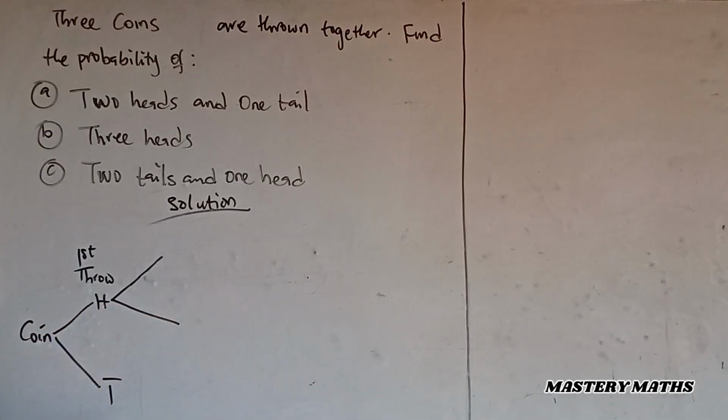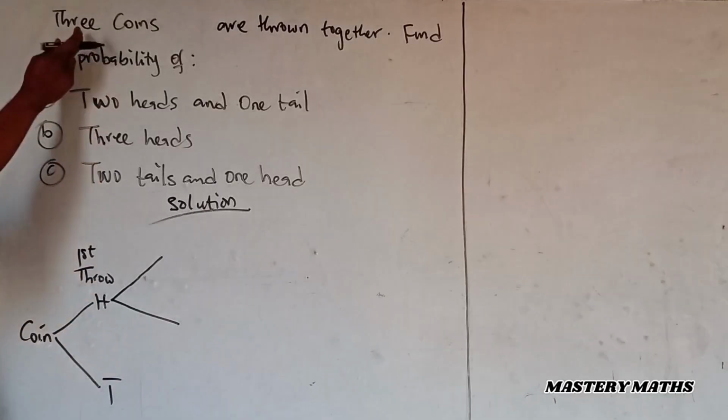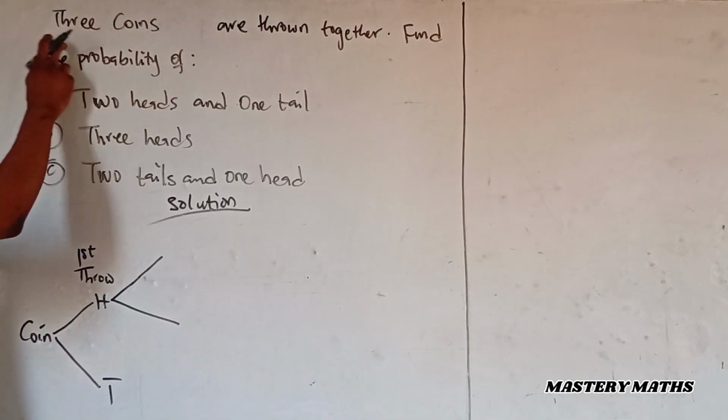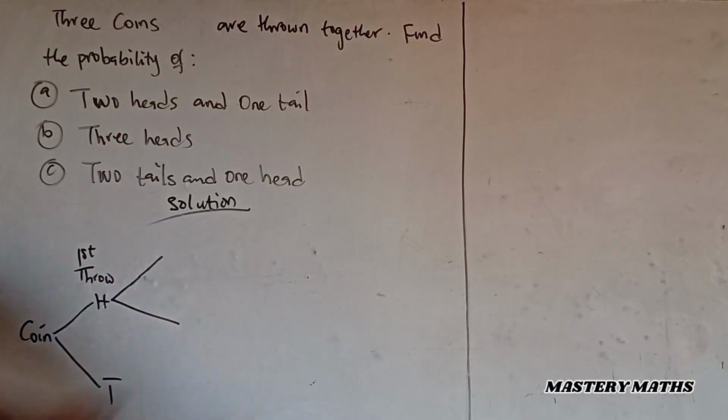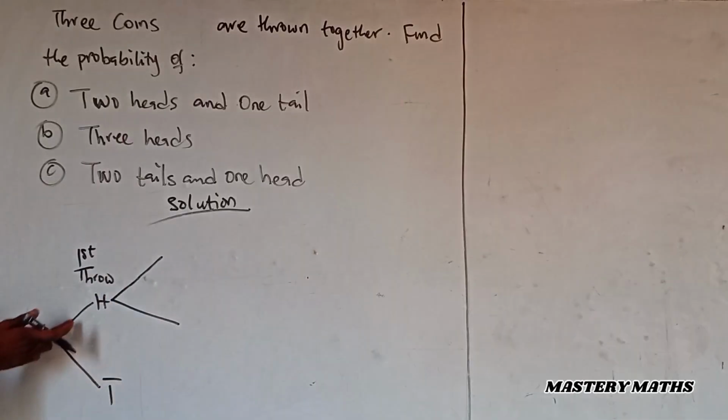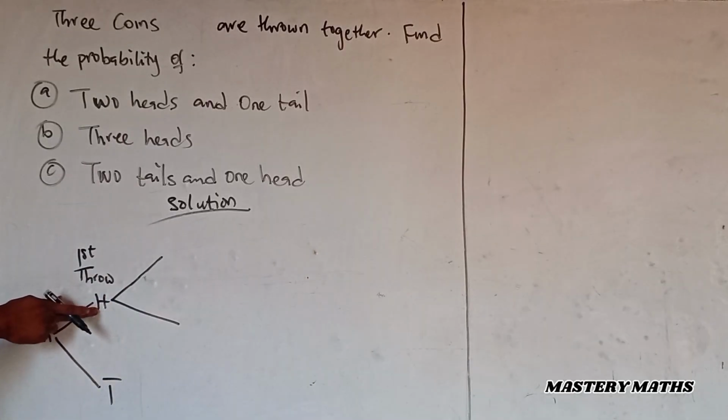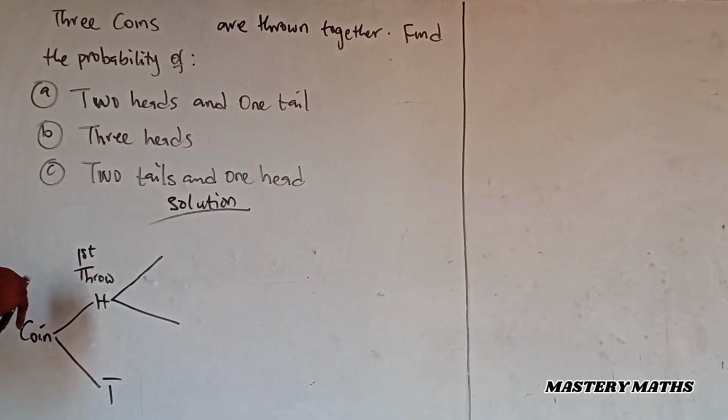Because the coin was tossed 3 times. It was 3 coins, tossed together: 1, 2, 3 coins thrown together. So you have the head and the tail, which is the first row of that same coin.